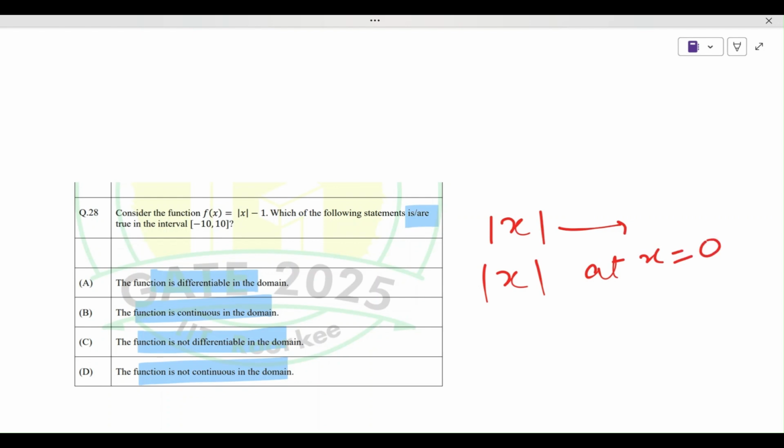It will give you different values when we apply the first principle. So just remember this thing: absolute value is always continuous but not differentiable at x equals 0. So what are the correct options over here? B and C, continuous but not differentiable.